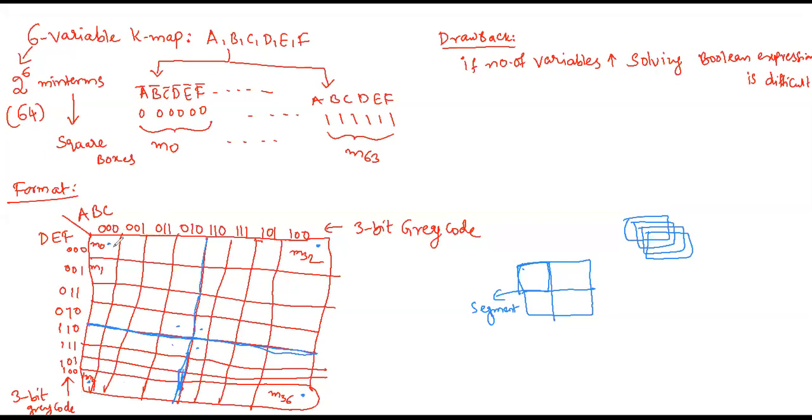Like this, if you fold into 4 parts, those parts will overlap one upon another, and the boxes which are overlapped are adjacent to each other. Okay, we will go with one example and see.